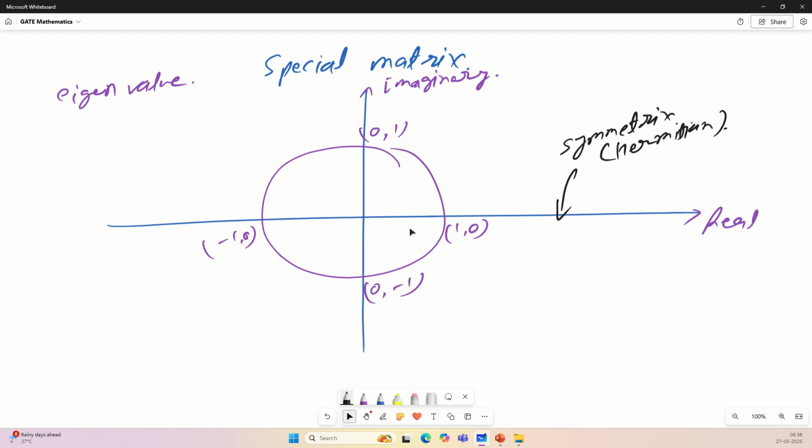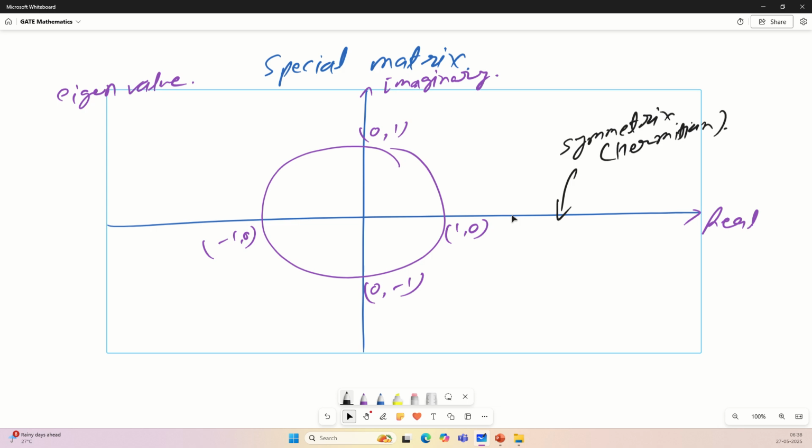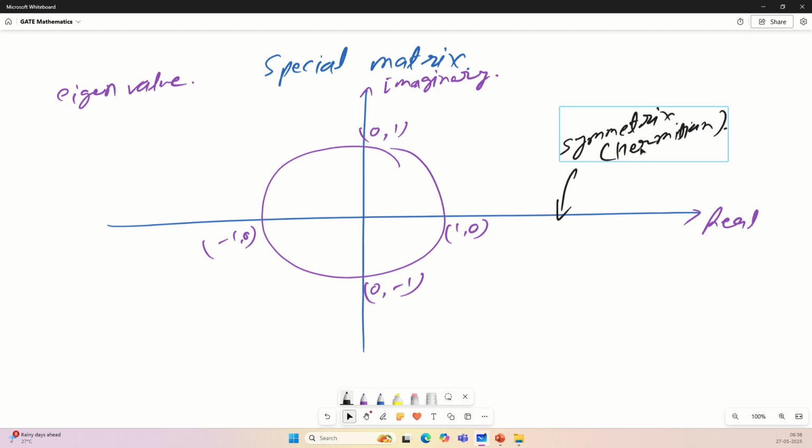So if all the eigenvalues are on the real axis, any number is fine, not a problem. I'm not talking about that. Then that will be for symmetric matrix. Got it? Now what about skew symmetric? So all of them will be imaginary or 0. So I can say that these will be the eigenvalues for skew symmetric.